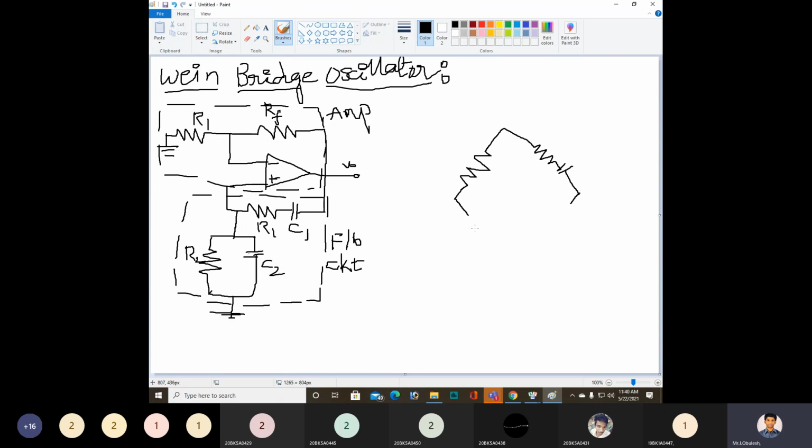Here you need to take resistor R. This is the R1 C1. Now we need to take R2 C2.